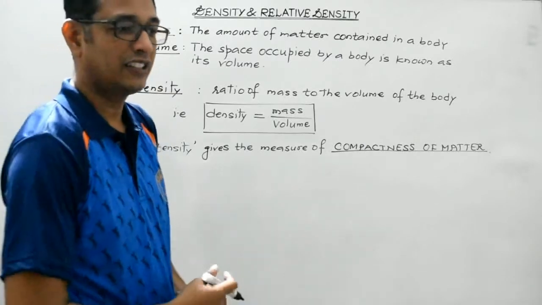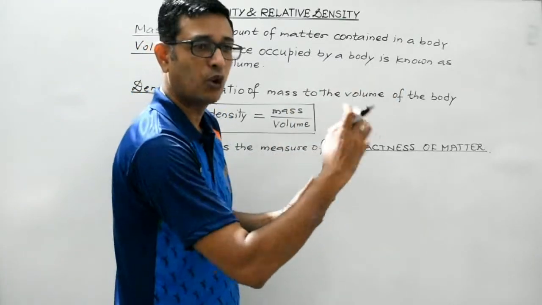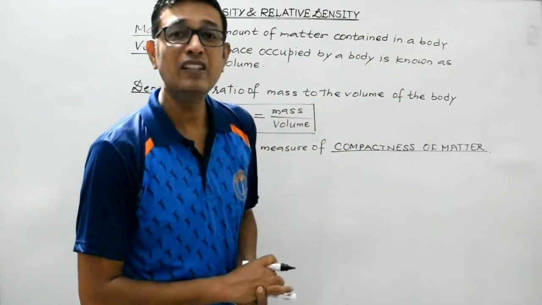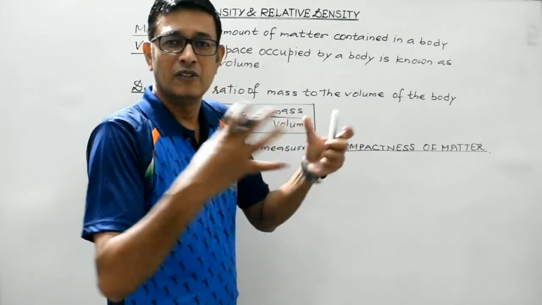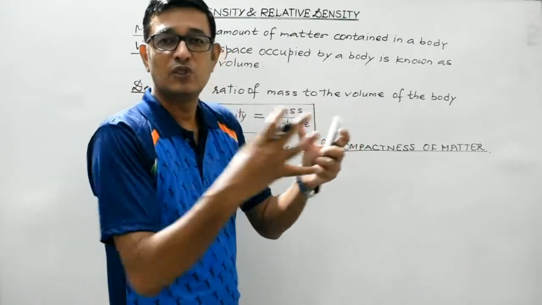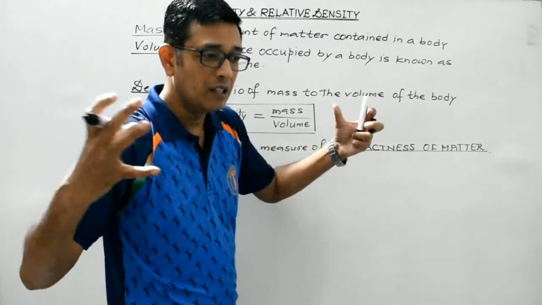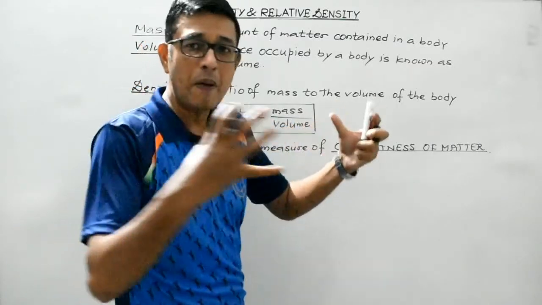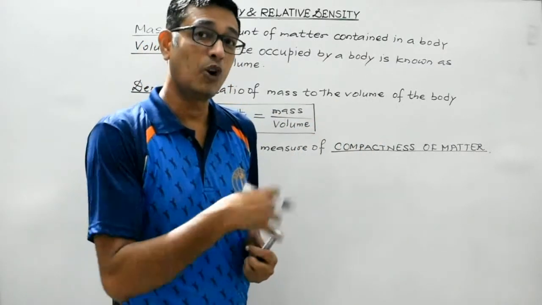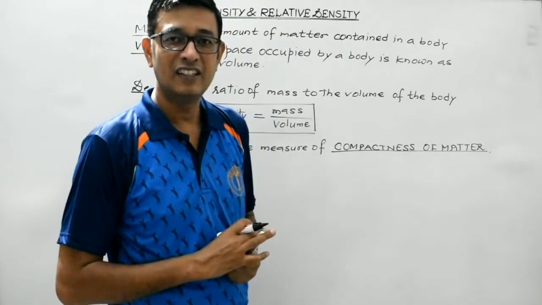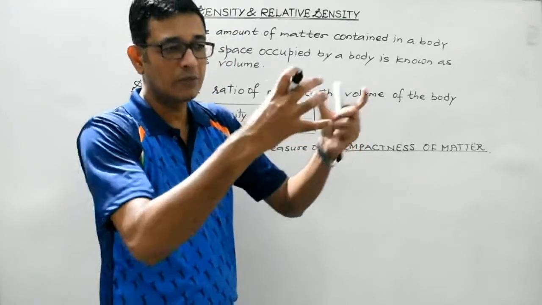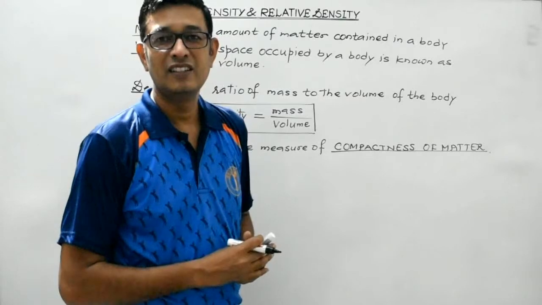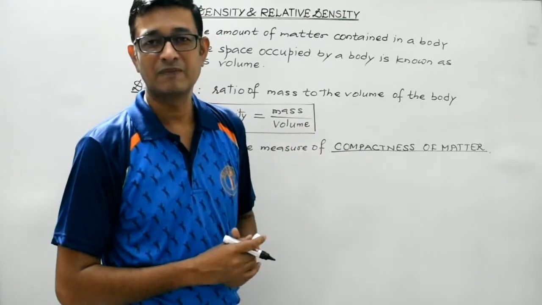Right? If I say the density of this particular body is very high, it means that the matter is much closer towards each other. It is placed compactly. While a body having low density, in that case atoms and molecules, they must be separated from each other. There must be free space between them.